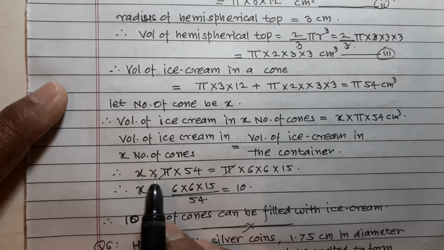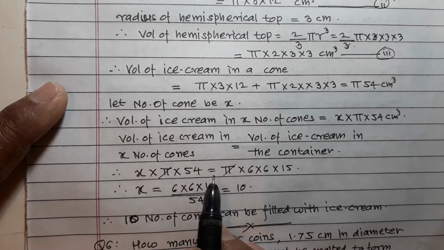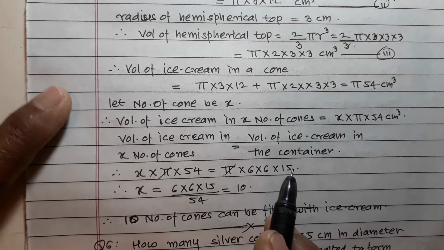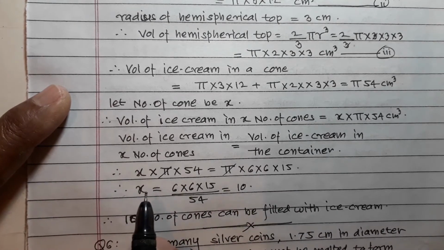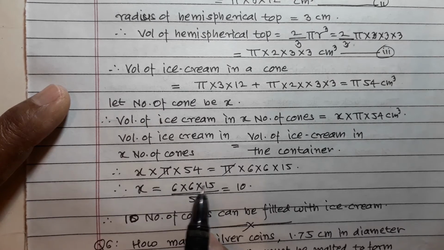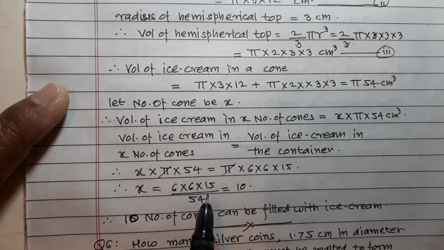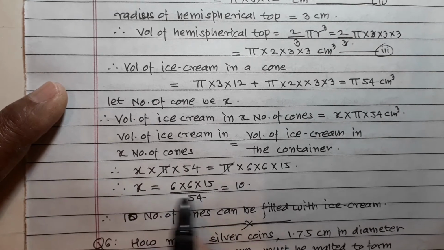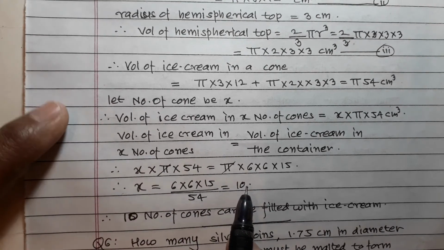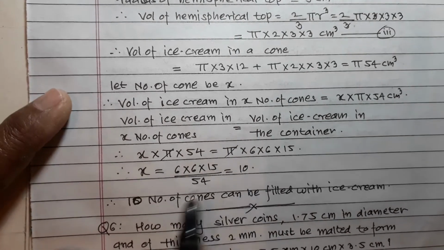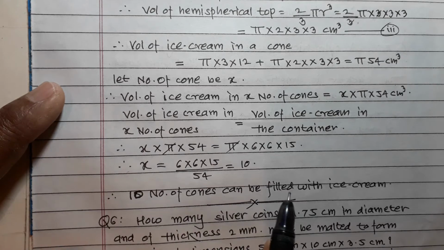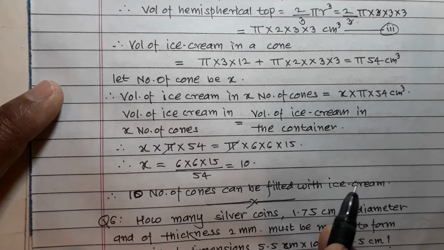So x into pi into 54 is equal to pi into 6 into 6 into 15, and therefore x is equal to 6 into 6 into 15 upon 54. This pi and this pi get cancelled and simplifying this, you will get 10. So x is equal to 10, that is, 10 cones can be filled with ice cream.